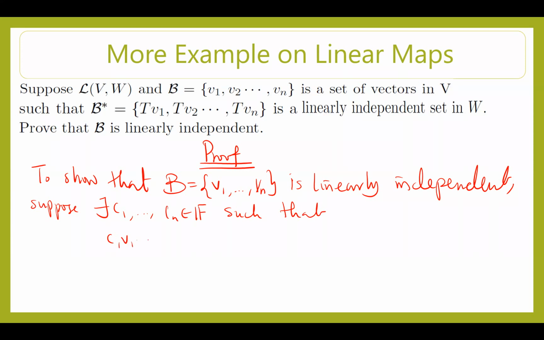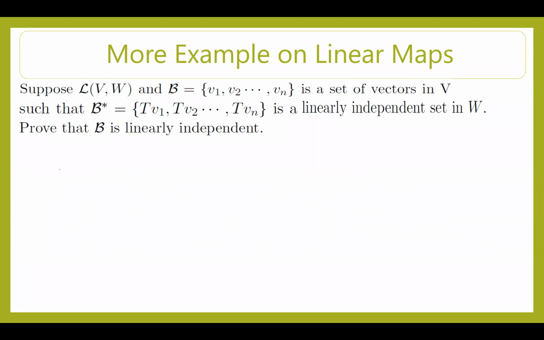So C1 V1 all the way to Cn Vn is 0. We need to show that all the C's are 0. That's the goal in order to show that B is linearly independent. So I'm going to repeat this equation, which is given this way. We just want to show that the C's are 0.